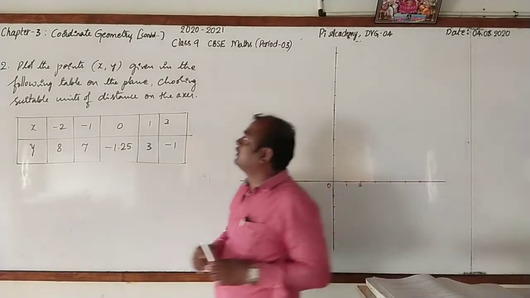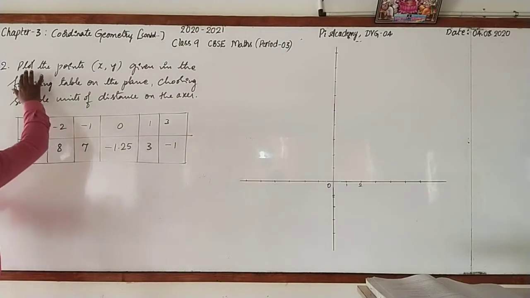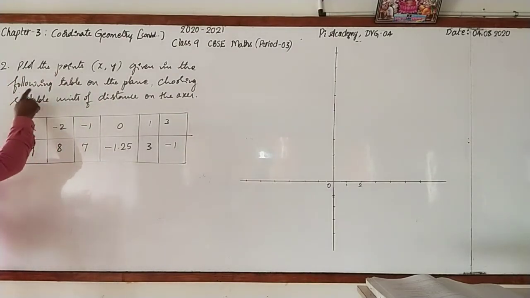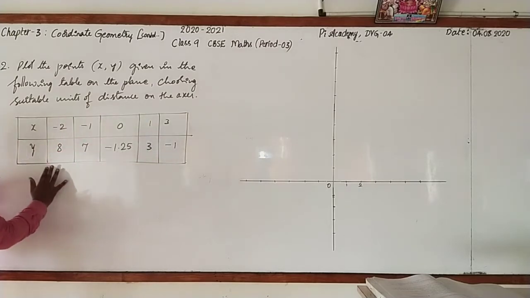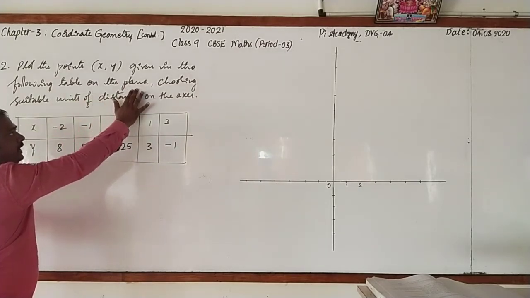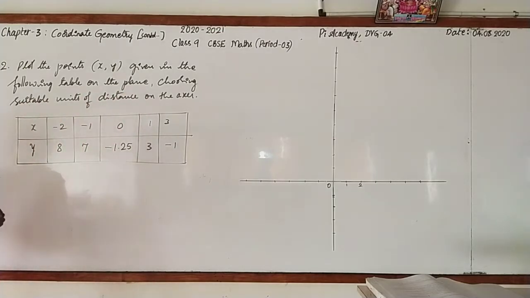Observe this. Here it is given like this. Plot the points x comma y given in the following table. This is the table. These points should be located on the plane, choosing suitable units of distance on the x-axis as well as the y-axis.